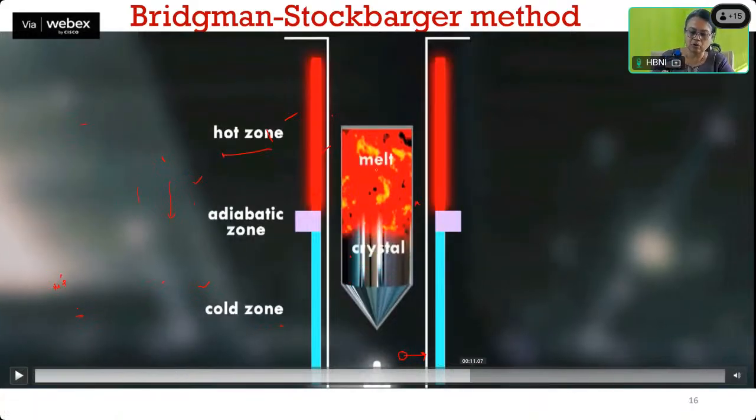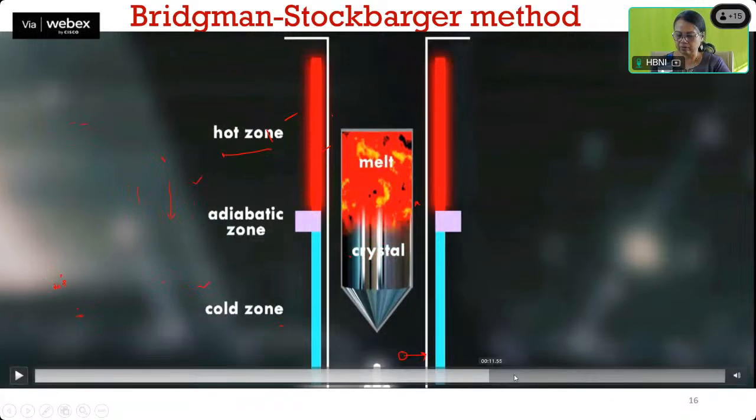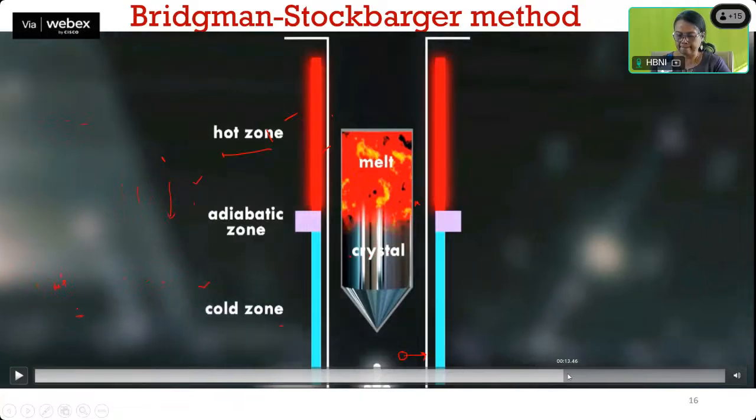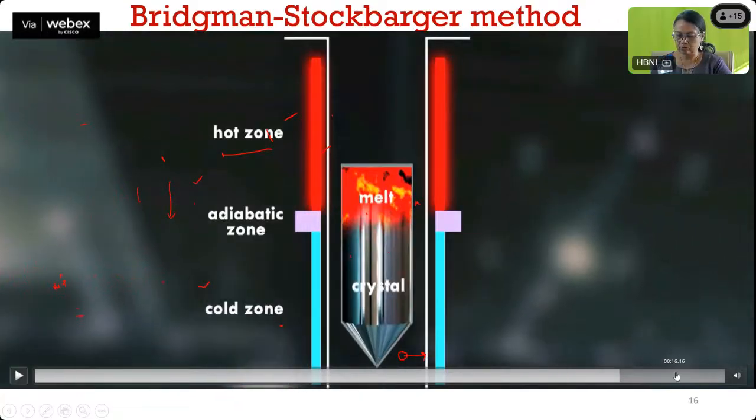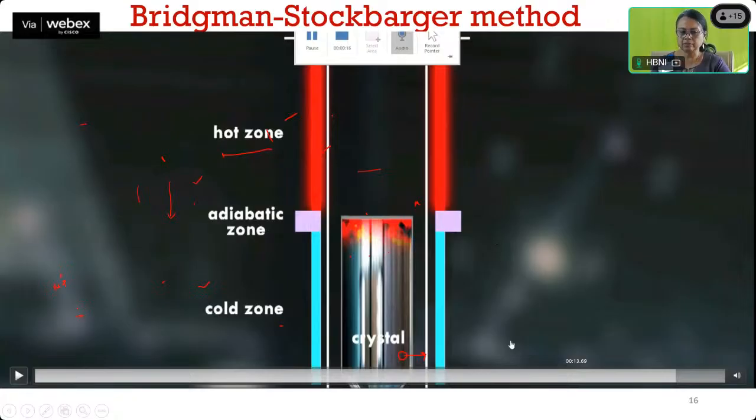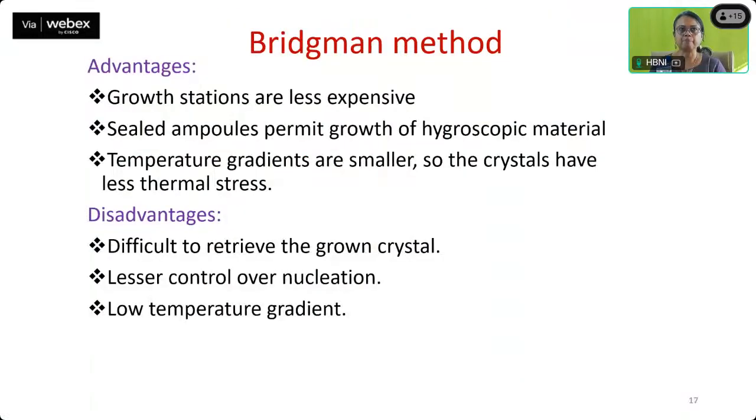This is in the melt form and this is in the crystal form, so we have got the crystal and the melt both existing. This is at the cold zone and this is at the hot zone. As it comes into the cold zone, the full crystal grows. So this is called the Bridgman crystal growth technique.